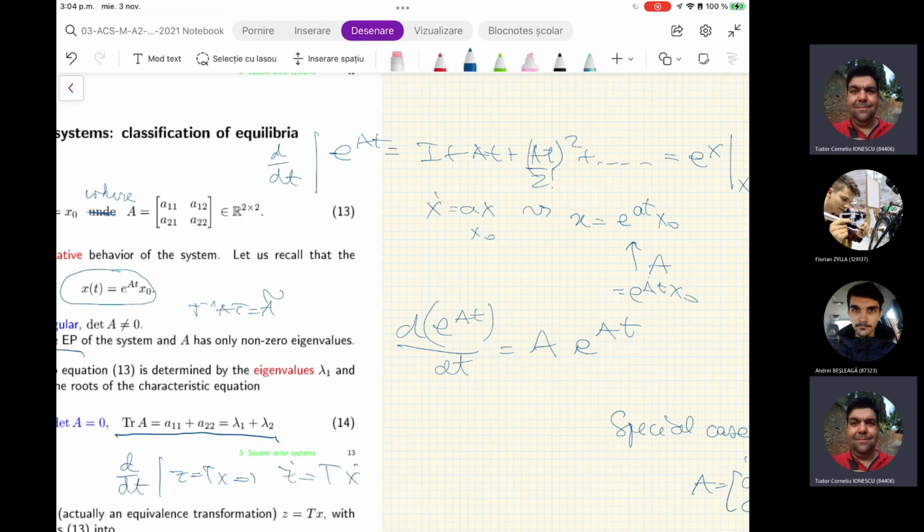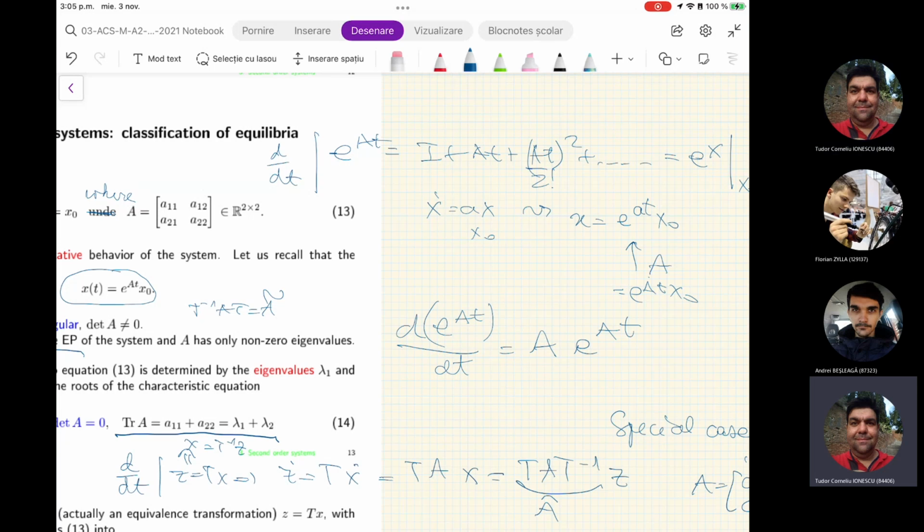But x dot is Ax, so it is TAx. From z equals Tx we get x equals T inverse z, so this is TA T inverse z, and you may call this A hat.